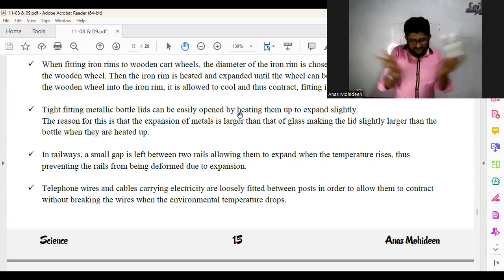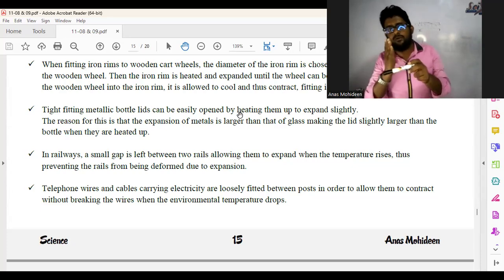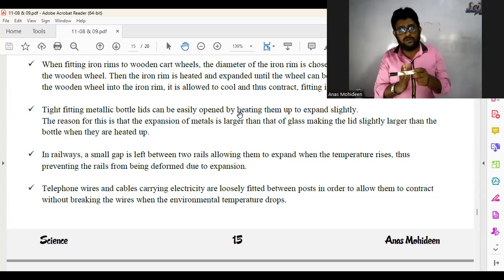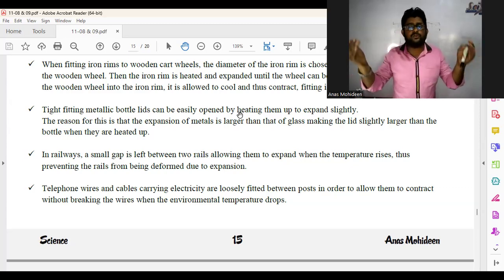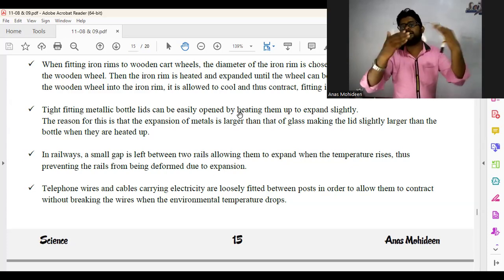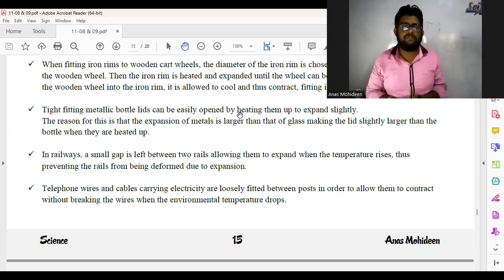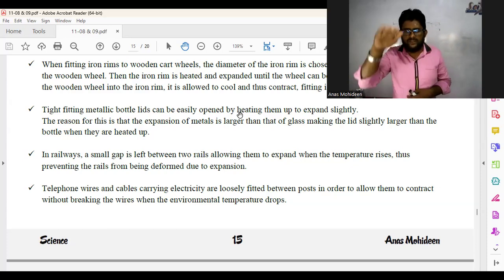So what happens? There is a possibility that the wire or the metal cable could be broken, since the particles are coming closer. That is why they are kept hanging. When they are hanging down and they try to contract, they still have space to contract without breaking or damaging. This is why usually these metal wires are hanging down.